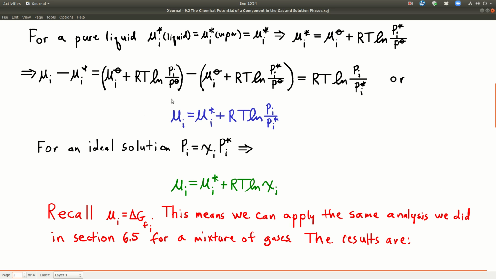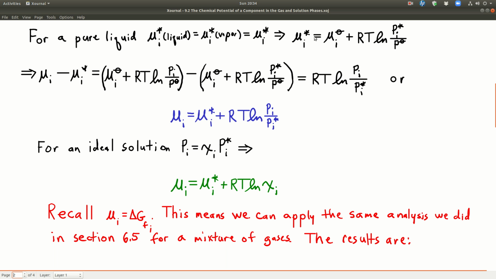Now for pure liquid. Okay, that was a solution. For a pure liquid, we know that also the chemical potential of that liquid, the asterisk here, remember, means pure substance, is equal to the chemical potential of that species in the vapor phase, and we'll just call that mu star, sub I. And that means we can write the same sort of equation for the pure solvent.